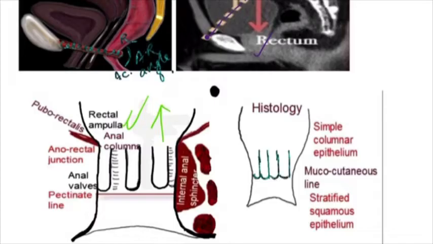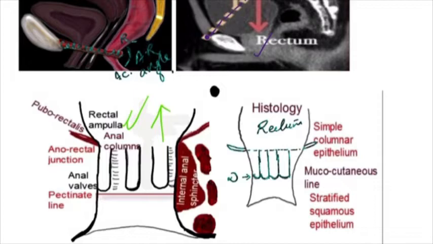If we join these semilunar valves, what we get is the dentate line. The upper limit of these longitudinal ridges is the upper limit of the anal canal. Above this lies the rectum, and here also lies the puborectalis sling encircling the anorectal junction.